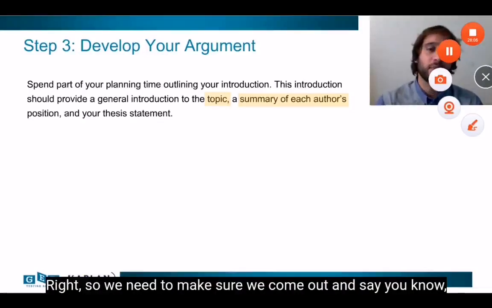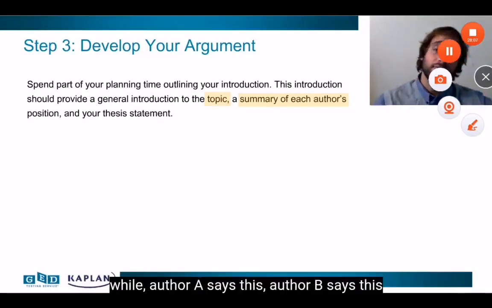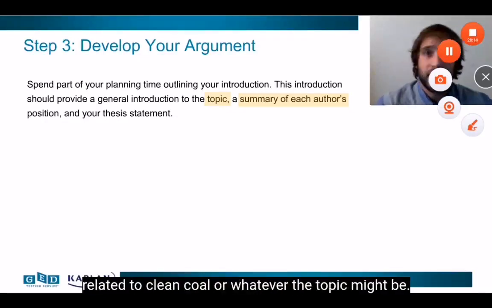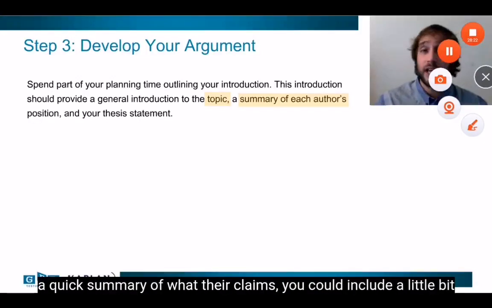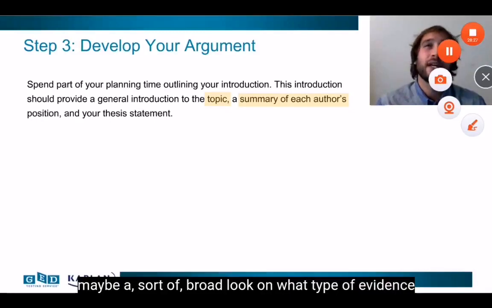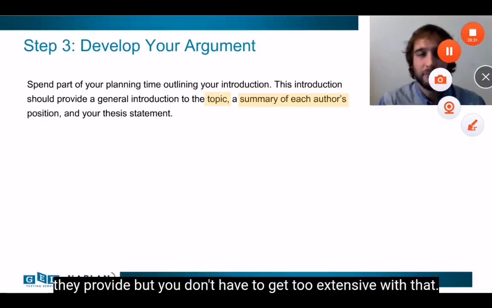So we need to make sure we come out and say, while author A says this, author B says this related to clean coal or whatever the topic might be. Okay? Now, once you state that, once you give a quick summary of what their claims are, you could include maybe a broad look at what type of evidence they provide, but you don't have to get too extensive with that.